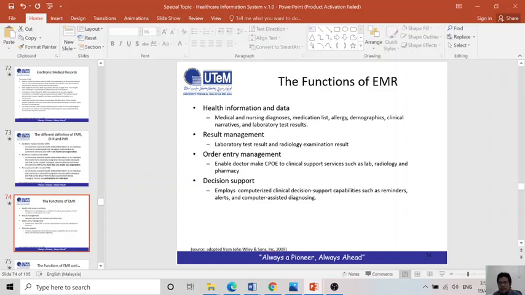From the EMR record, the application with a decision support system algorithm can produce reminders, alerts, computer-assisted diagnosing, and so on. So this is among the functions of the EMR.